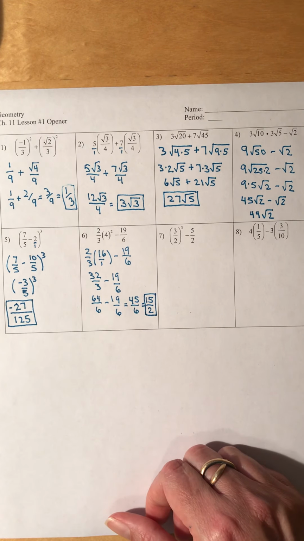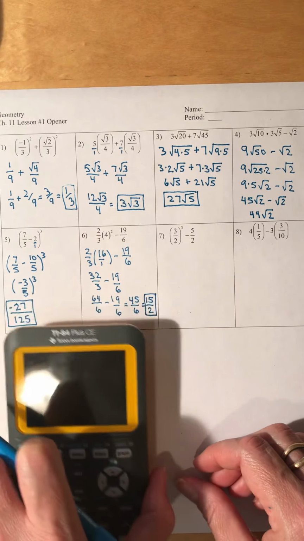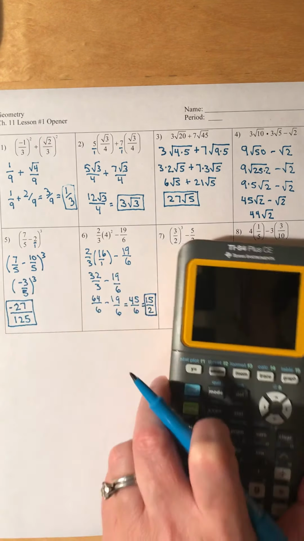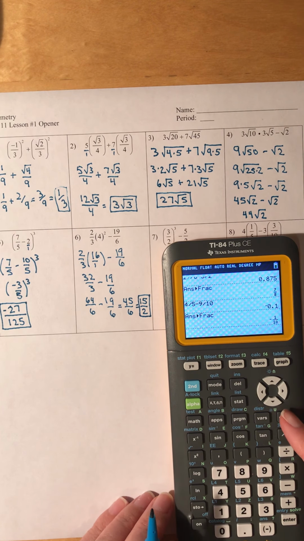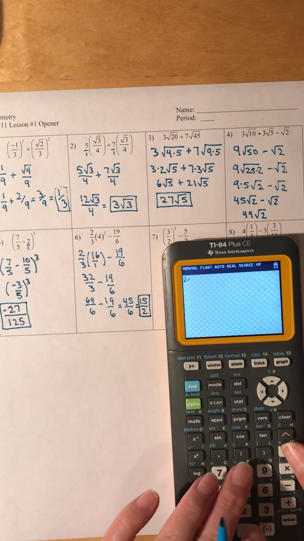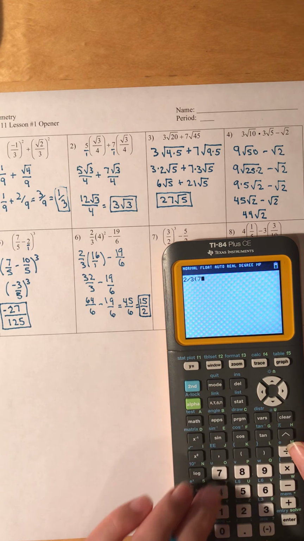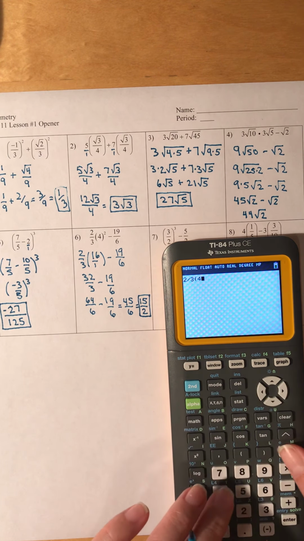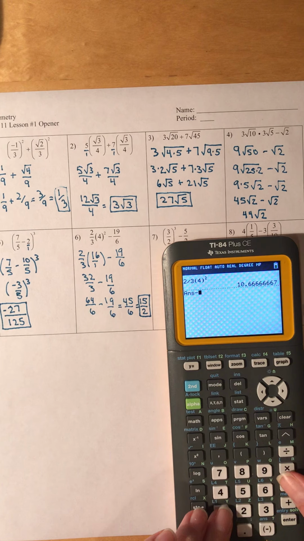It's a good idea to just double check on a calculator if you were doing this on your own and they weren't jumbled answers, or maybe you didn't get to one of the jumbled answers and you wanted to try to prove me wrong or figure out if you were wrong. So you could do 2 divided by 3, parenthesis, 4 squared, get that number, and then subtract 19/6.